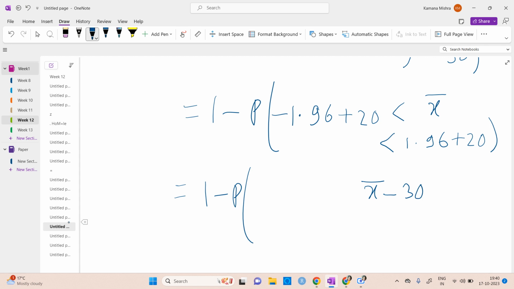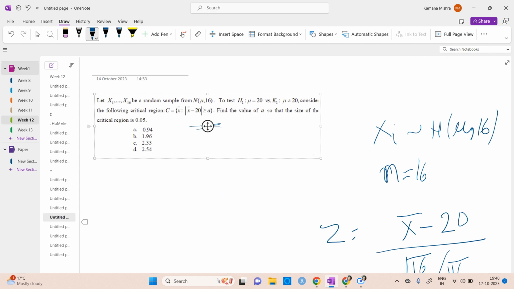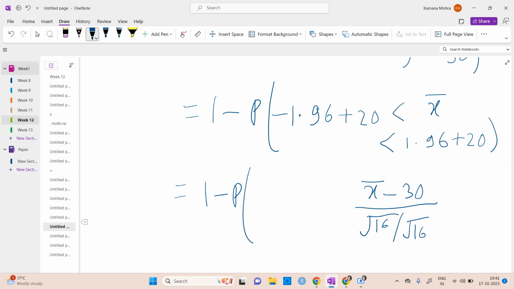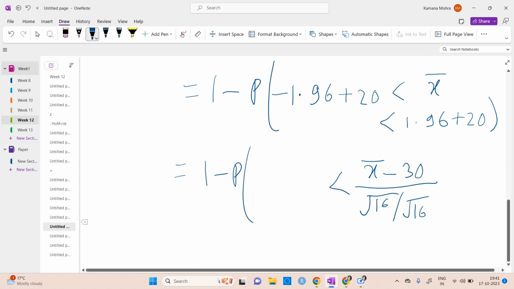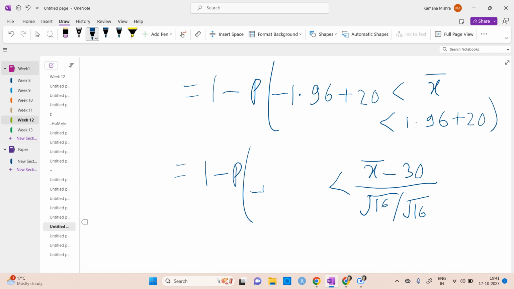So x bar minus 30, and the standard normal variate would be divided by root 16 by root 16. This came from here: this is 16, so this is sigma square, sigma would be root 16 and root n would also be root 16, right? And this is 1, so nothing to do. Then minus 30 on both sides, so it would basically be 1.96 minus 10, right?